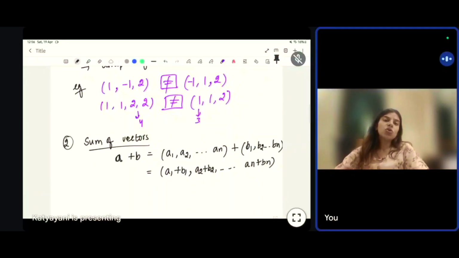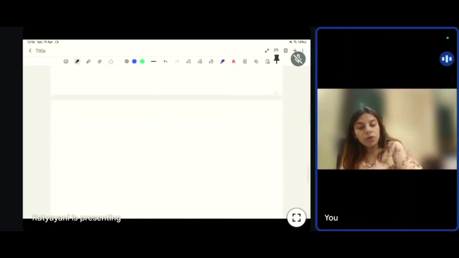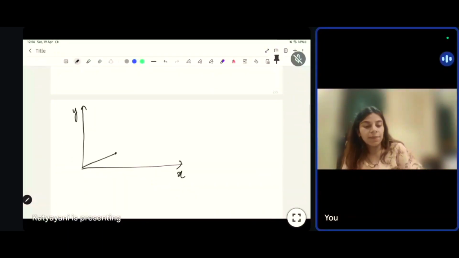Now let's see how we can find the sum of two vectors geometrically, right? So suppose I was in the xy plane and one of my vectors was vector a, which was like this, and then another vector was vector b, like this, right? So it was a1, a2, and this vector b had coordinates b1 and b2.